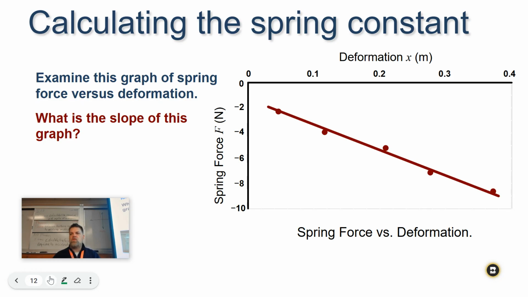That's how they knew that equation would work. They just started pushing springs or pulling them and graphing how much force. To deform a spring more, you would have to apply more force. But the relationship is linear.